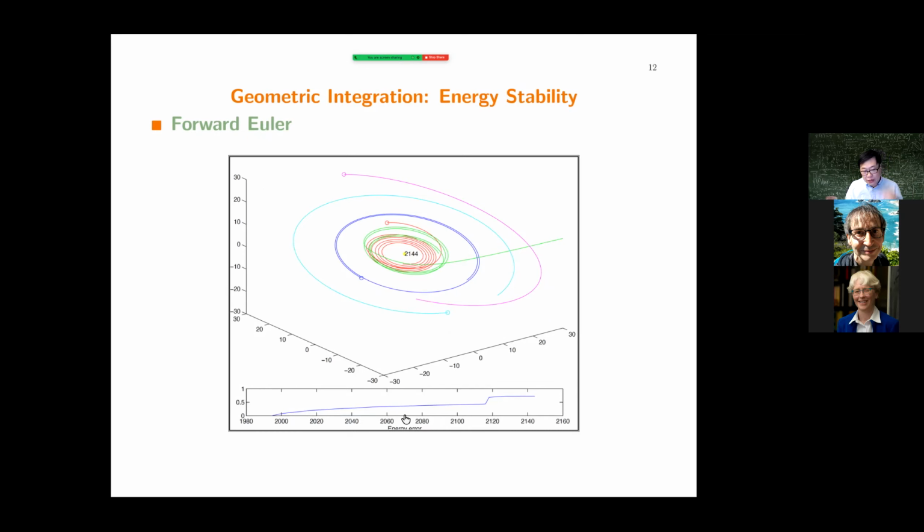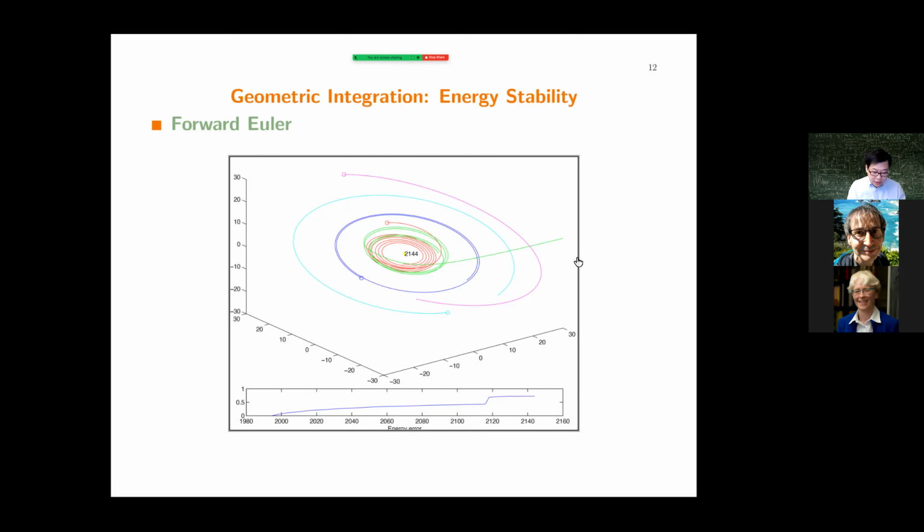This is not to say that the solar system is non-chaotic, but over a 200 year time scale it is fairly deterministic and doesn't do anything too dramatic. So it is a little bit disturbing that the numerics does this to you.